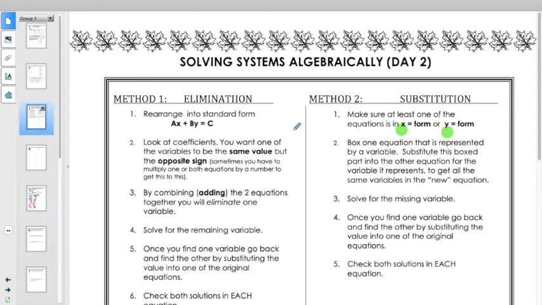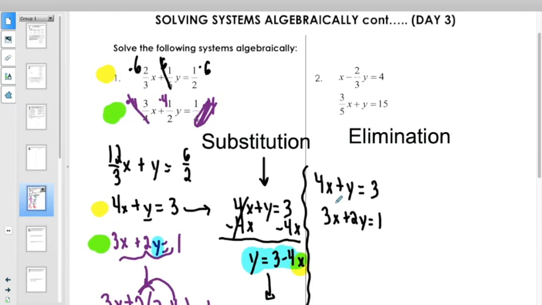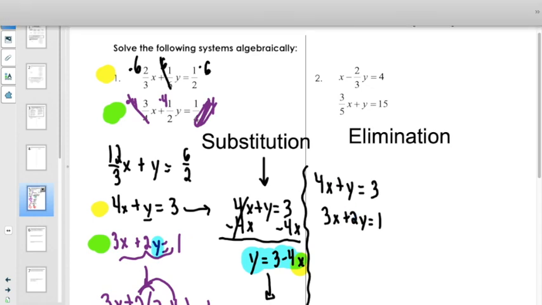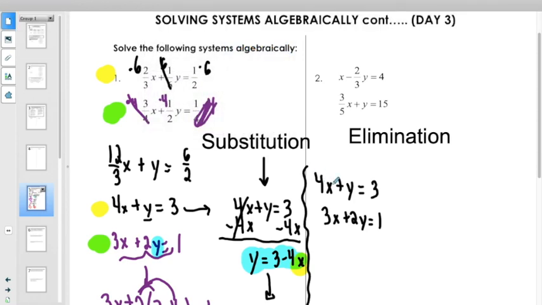And what I mean by that is same value but with the opposite sign, right? Same value, opposite sign. So which one will be easier to do? Well, probably the y's, right? It would be easier to get a negative 2y right here and keep the positive 2y, and that way they would just cancel out.